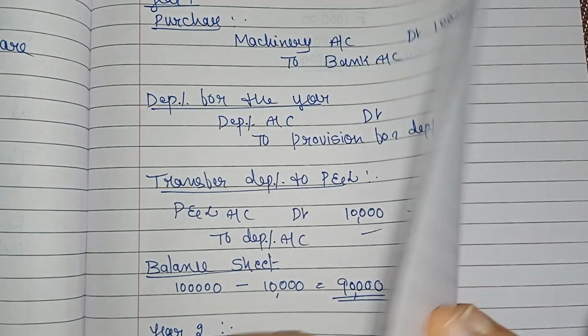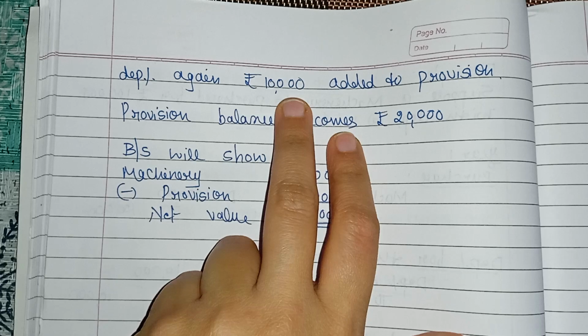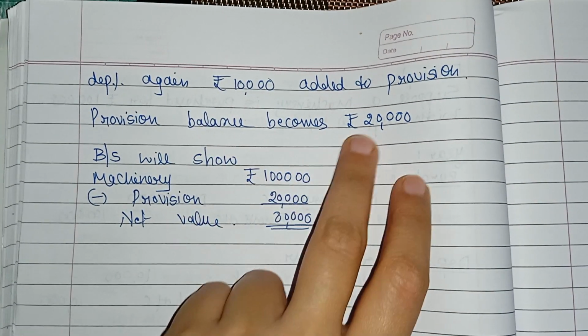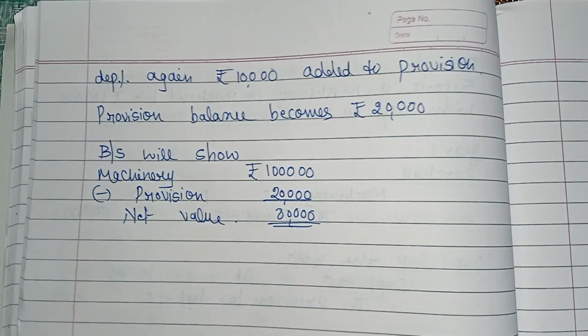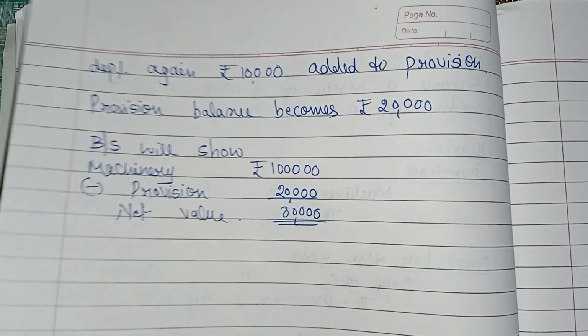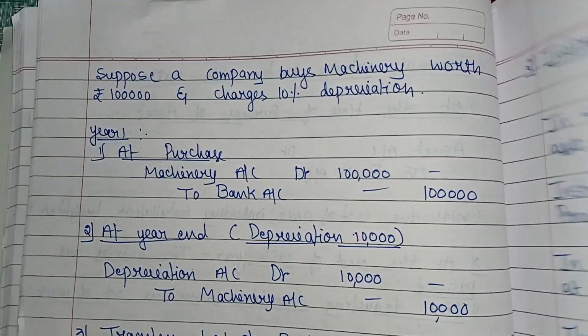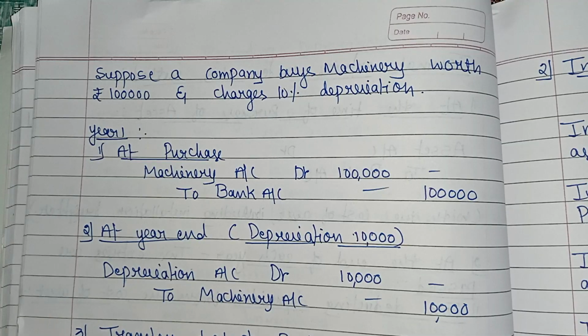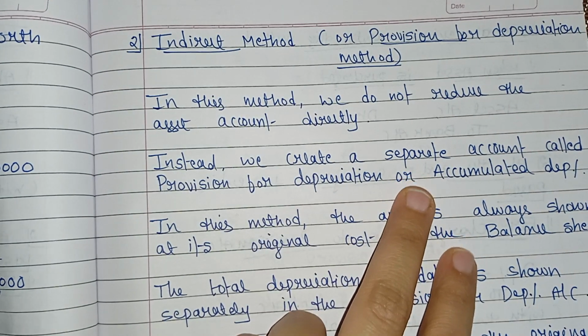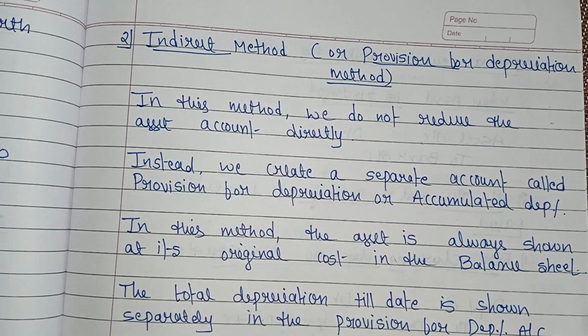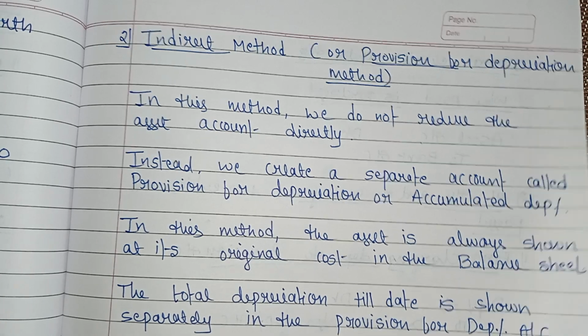Clear? Now in the second year, depreciation is again rupees 10,000, that is added to the provision. So now the provision balance becomes rupees 20,000. As I said, we create a separate account called provision for depreciation or accumulated depreciation, and in this method we do not reduce the asset account directly.